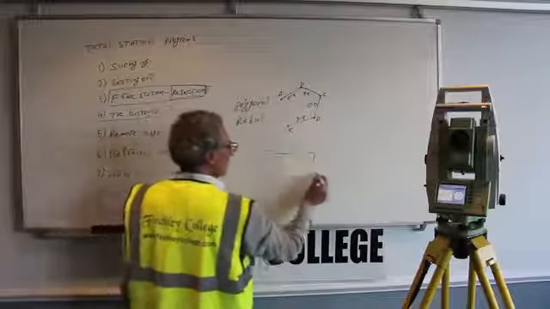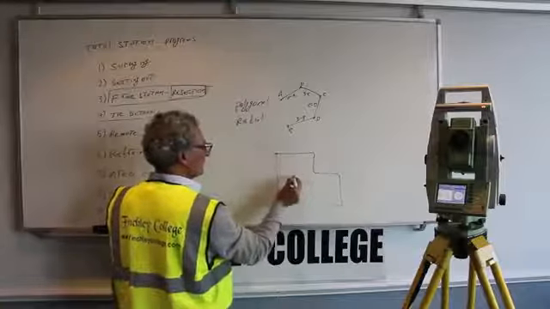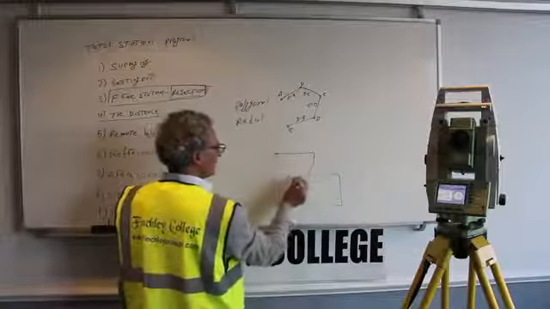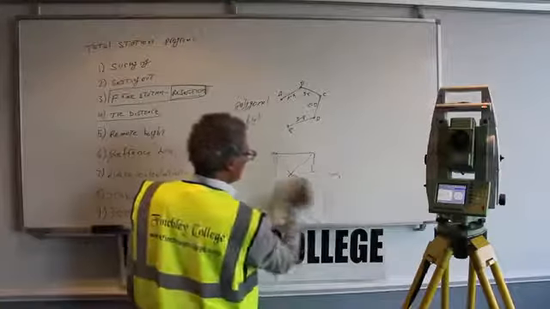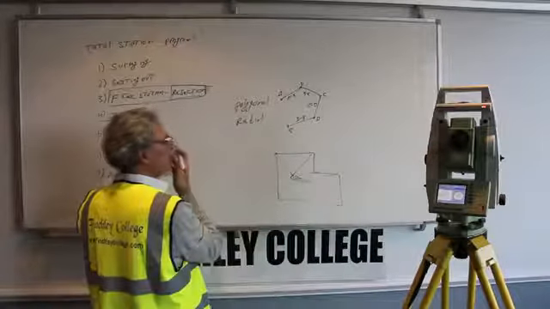For example, you have a car park and you want to measure the size of the car park, you can set up here, sight to here, sight to every point, and that will show you the distance for every side separately.